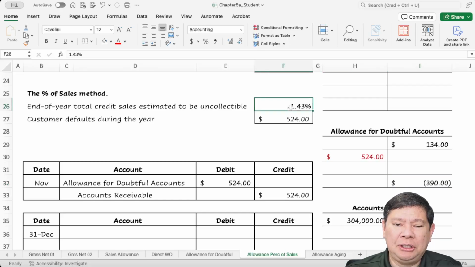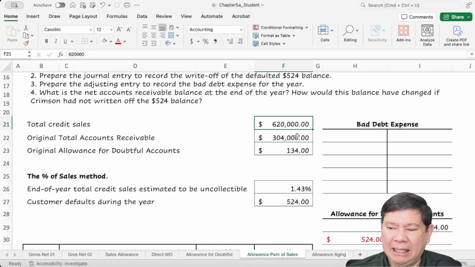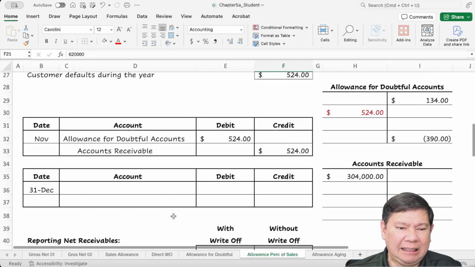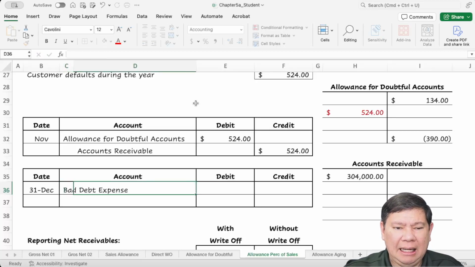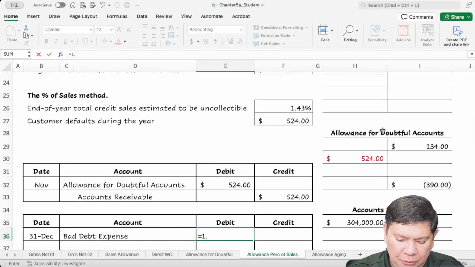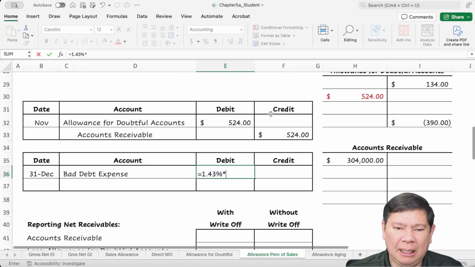We just use 1.43% of the total credit sales to be the bad debt expense. So the adjusting entry at the end of the period that we have to do is debit bad debt expense, and this is going to be 1.43% times the credit sales, 620,000.